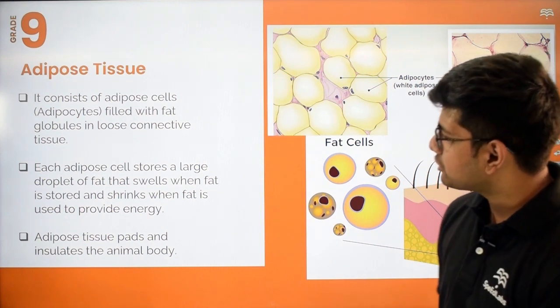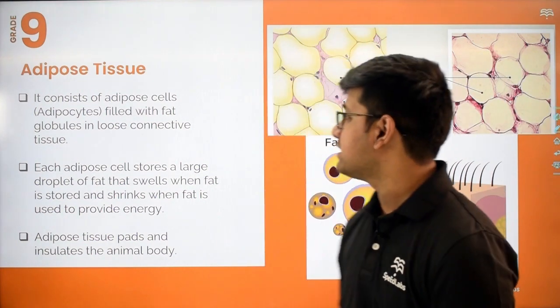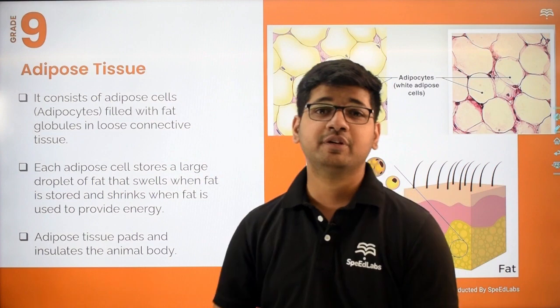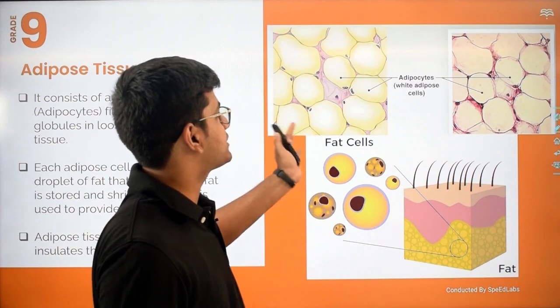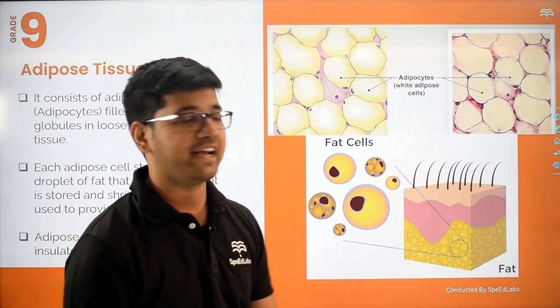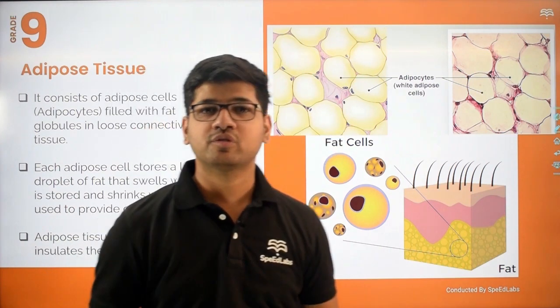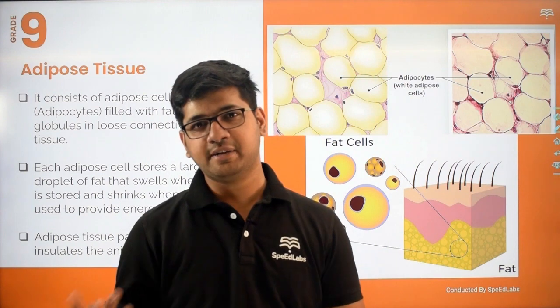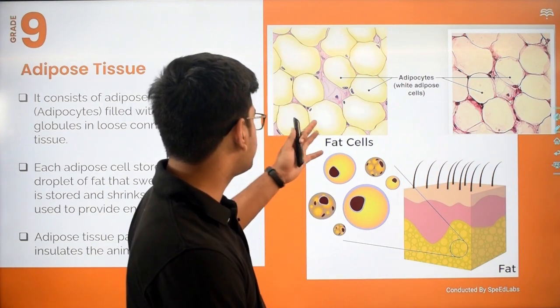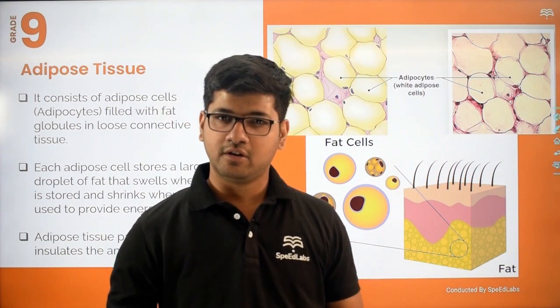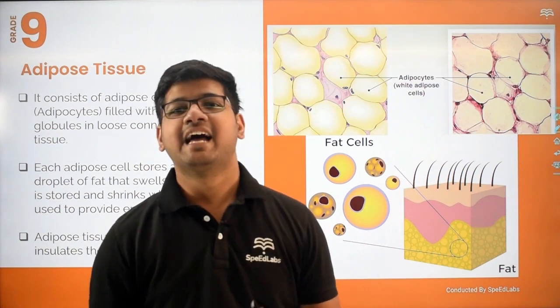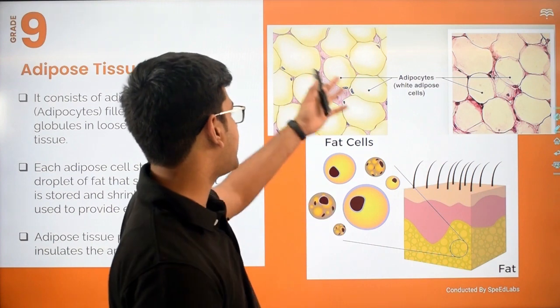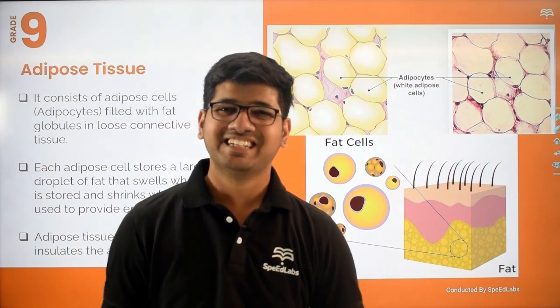Next is adipose tissue, made up of adipose cells or adipocytes filled with fat globules. As you can see, these structures are swollen and wide because of the fat globules present in them, constituting adipocytes, and these adipocytes combine together to form adipose tissue.